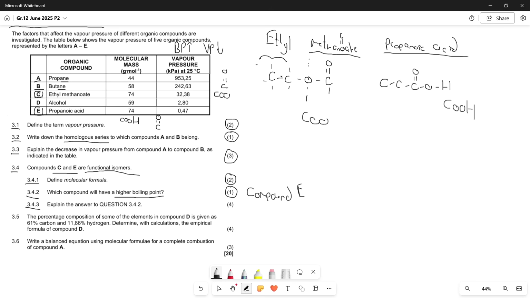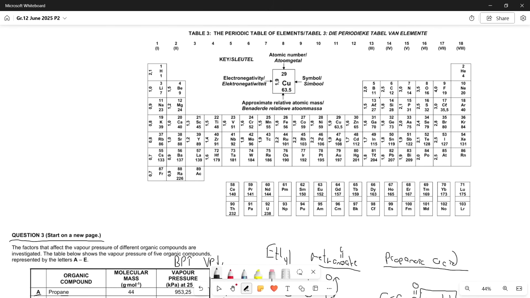So the fact that they are functional isomers, they both have the same amount of C's and H's, they both have the same bond order, both have a double bond O on the C. The only difference is the fact that this guy has a hydrogen bond over here, compared to these guys, which only have a C minus O, which leaves us in what electronegativity?